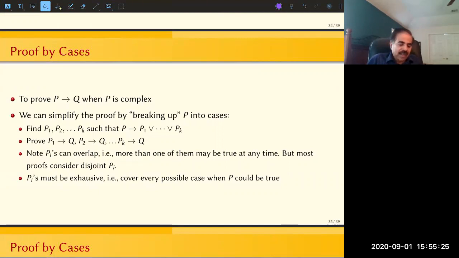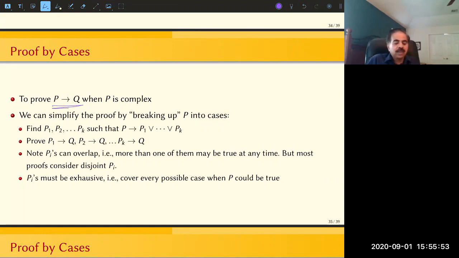the next strategy is called proof by cases, right? So you typically have a situation where you once again want to prove P implies Q, right? But directly assuming P and then trying to prove Q may be difficult.